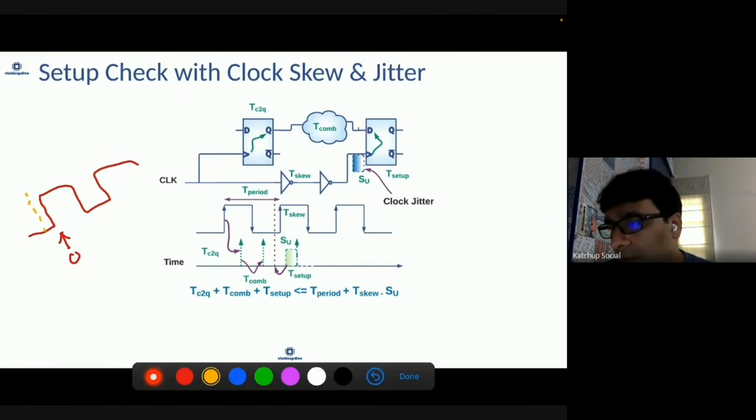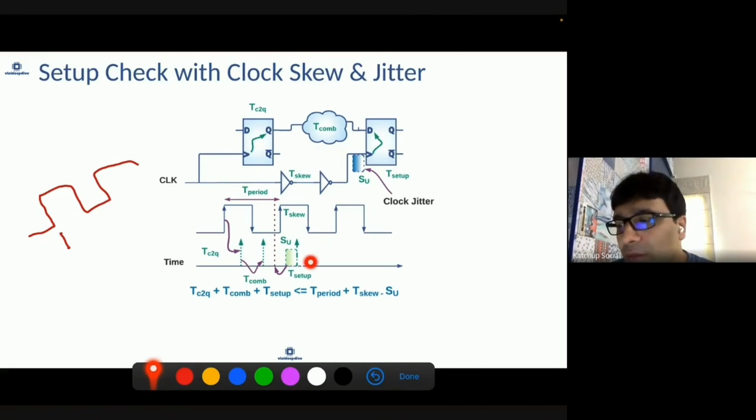Now, because of that, what happens? We are assuming the clock edge to come here. Because of skew, it comes a little bit later. But because there is clock uncertainty, the edge can come slightly earlier or slightly later.